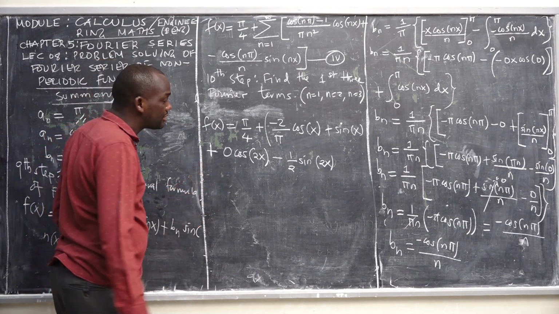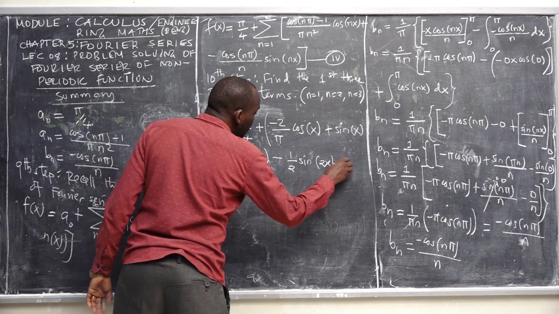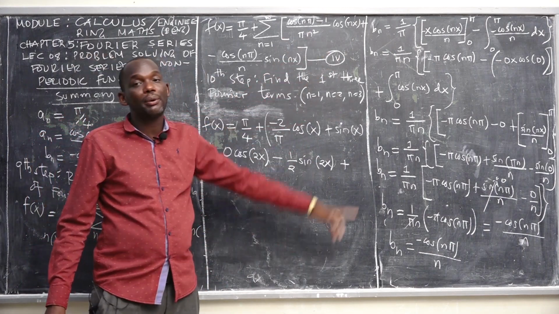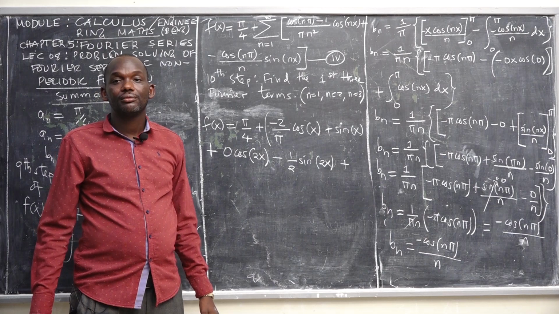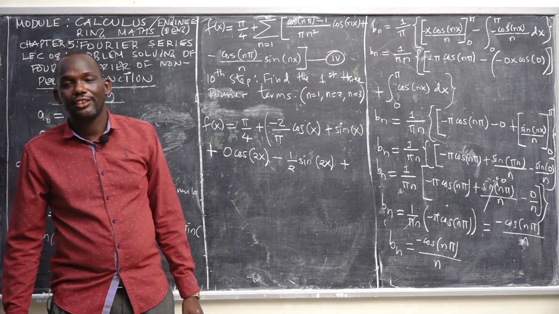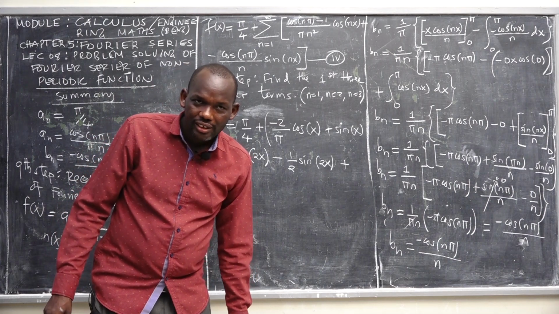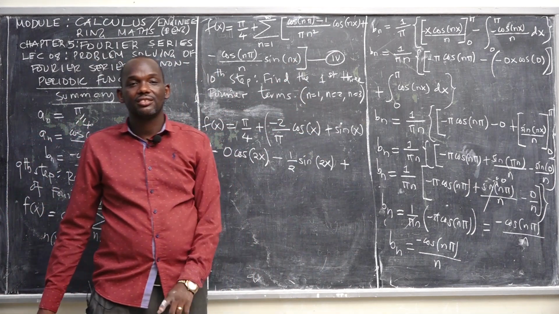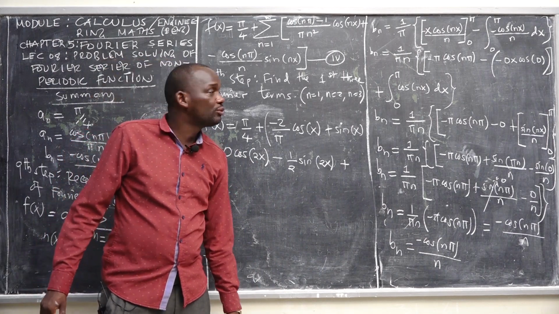Okay? Next, we say plus, when n is equal to 3. Cosine of 3 pi is negative 1. Negative 1 minus 1 is negative 2.